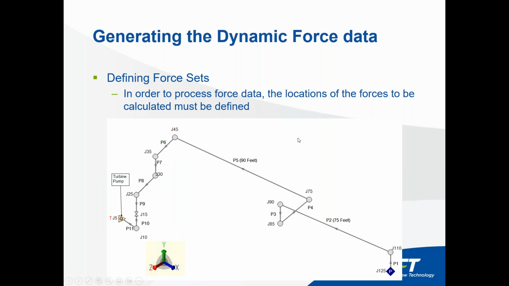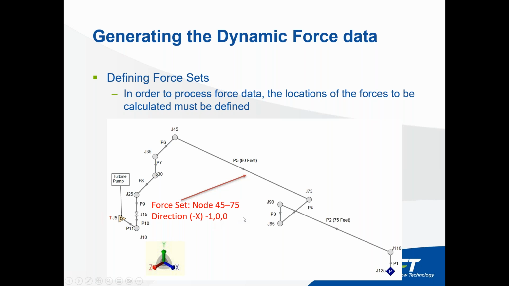So this is what we're going to do. We're going to create a force set. The first force set that we're going to create is in pipe 5. We're going to call it 45 to 75 to reference the nodes where it's being applied. And as I mentioned, it's going to be applied in the minus direction because for Impulse, the positive direction is in this sense, and for Caesar, it's in the opposite sense.